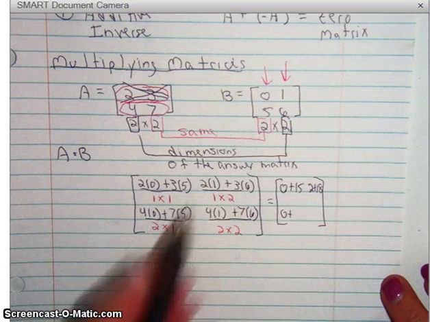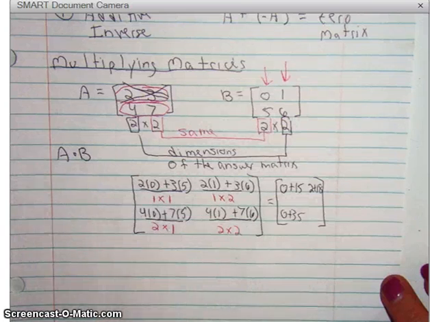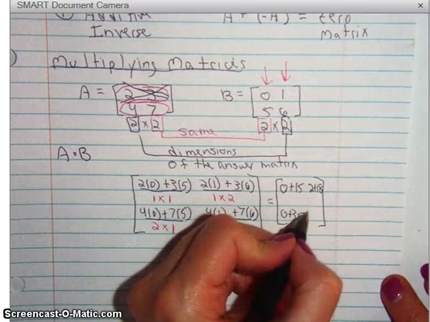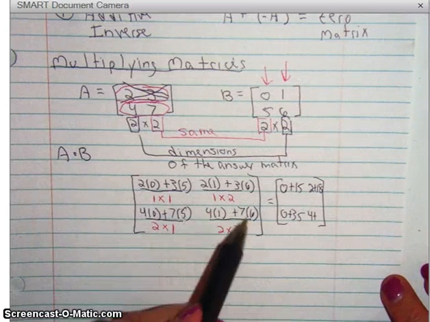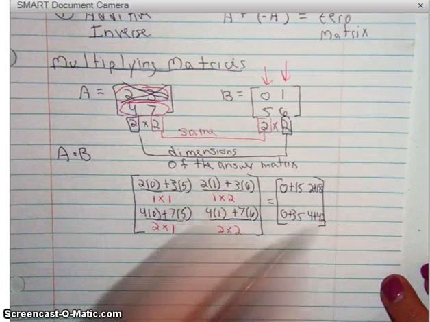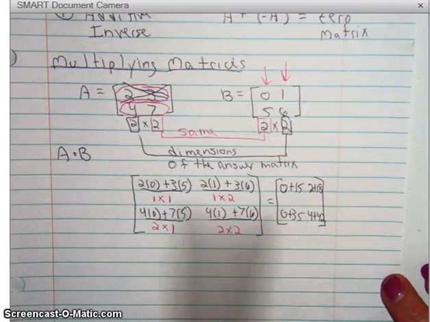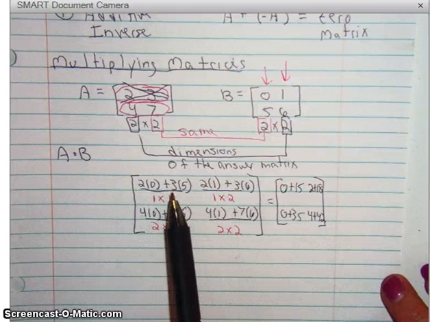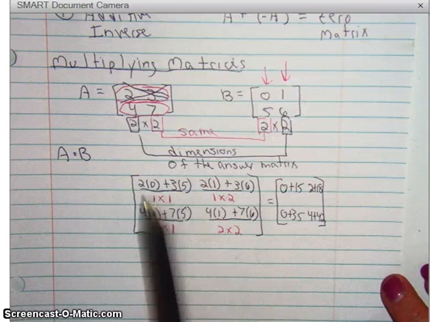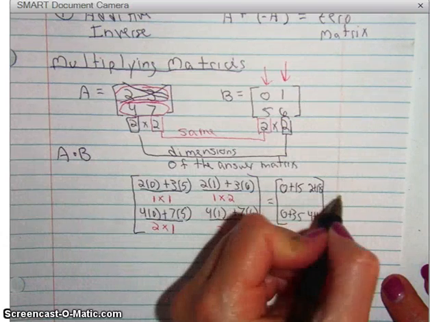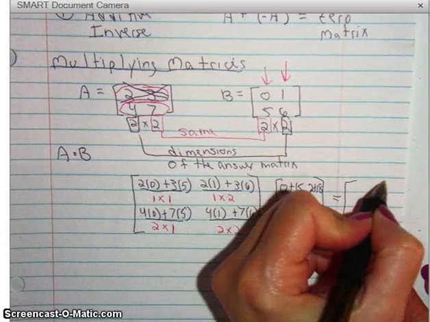Plus 7 times 5, 35. 4 times 1 is 4. Plus 7 times 6, 42. Now, if you think you get this, you don't have to write this anymore. You can do the math in your head as you're going along. Okay? All right, final answer matrix.